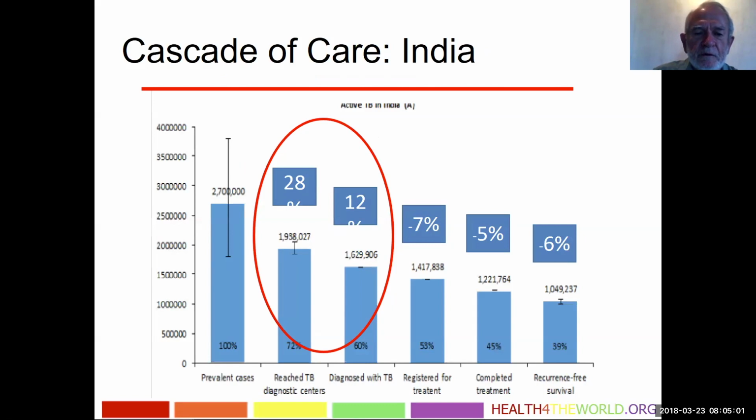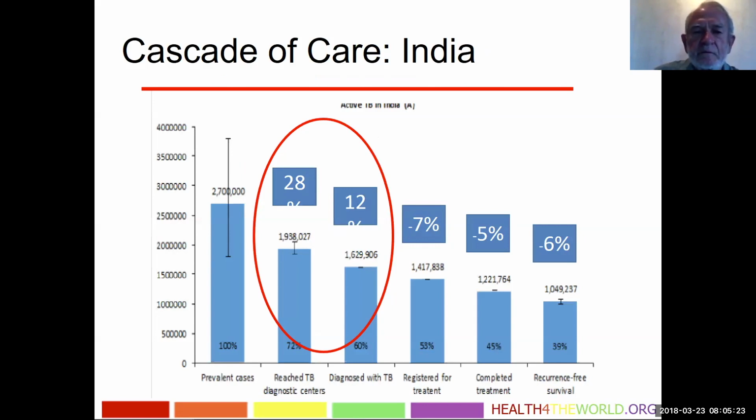The first bar shows 100% of the cases in India that I showed you earlier, this is the number of cases per year, not just prevalent, 2,700,000. So that's taken as the 100% of the cases.